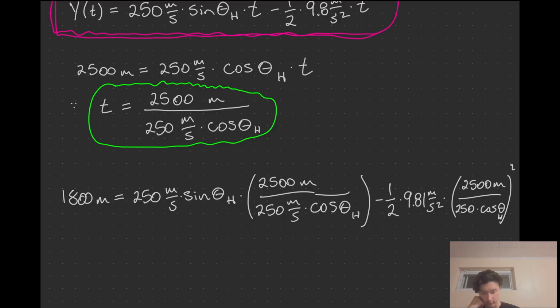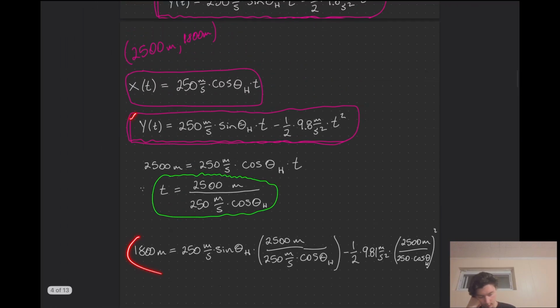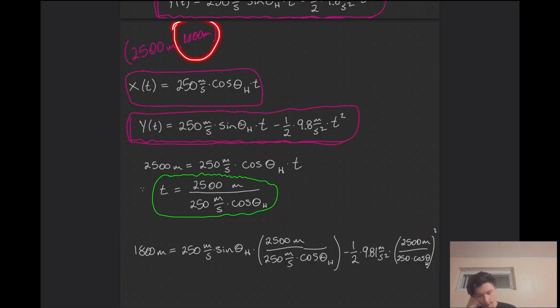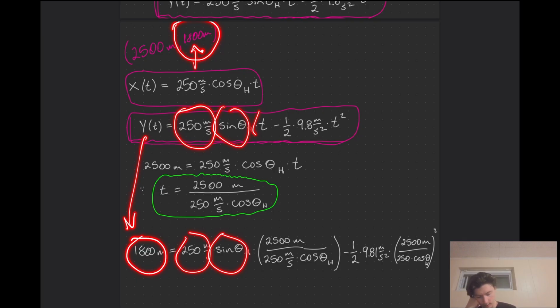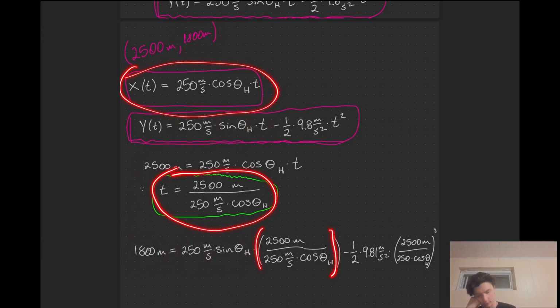Okay, so I ran out of room almost, but basically what you see over here is the y equation. I've just replaced the y value for this one over here, right? Replace that right here. Boom. Everything else stays the same. This is 250, this 250, sine h, and then here is t. I just replace inside t what we got from the x equation. This is substitution.